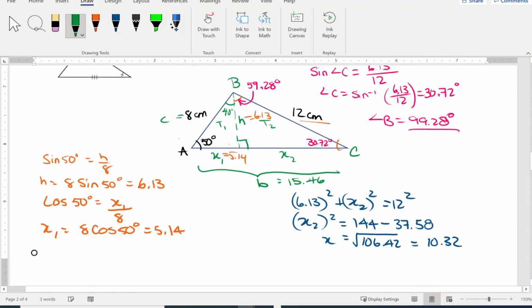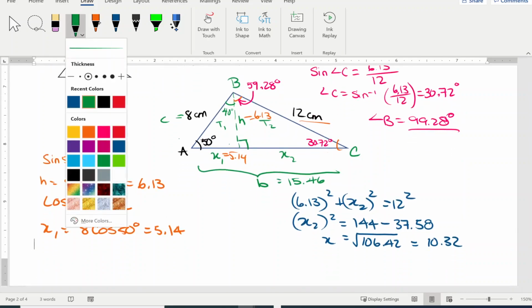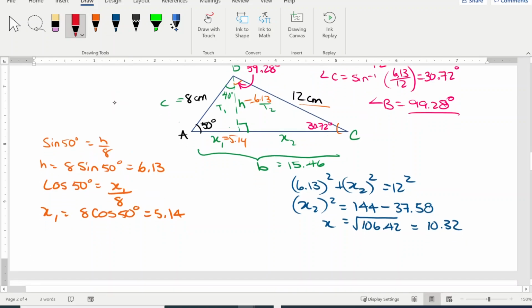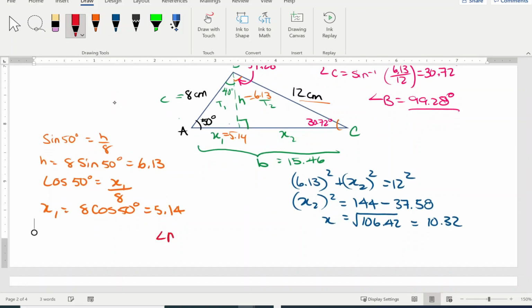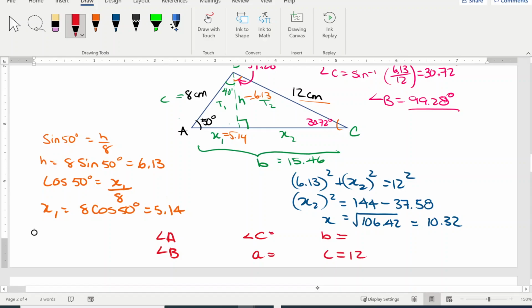So now we have all the angles and all the sides: angle A, angle B, angle C, and side A, side B, and side C. Side C we already knew was 8 centimeters.